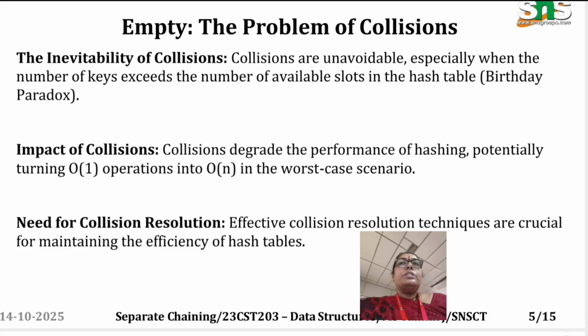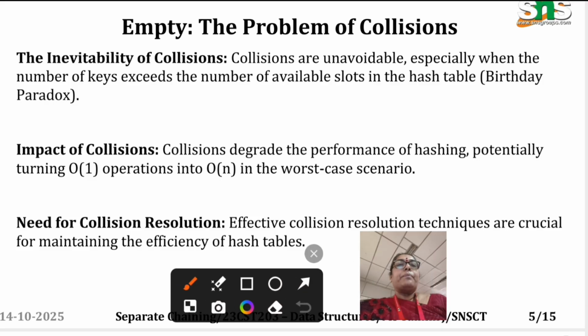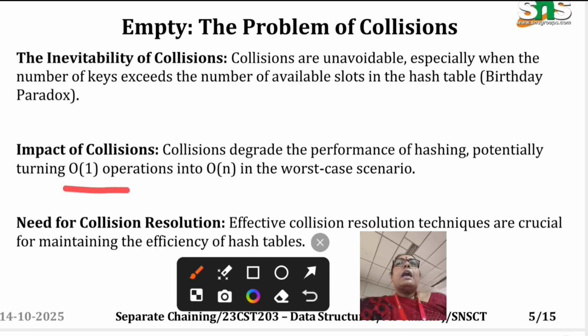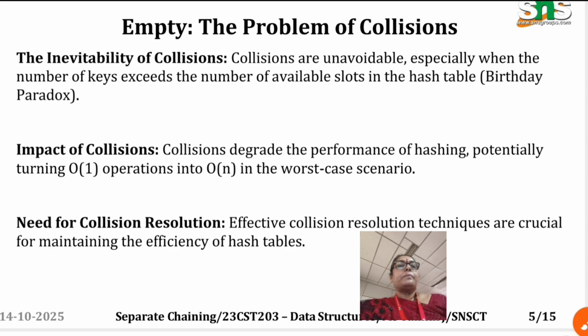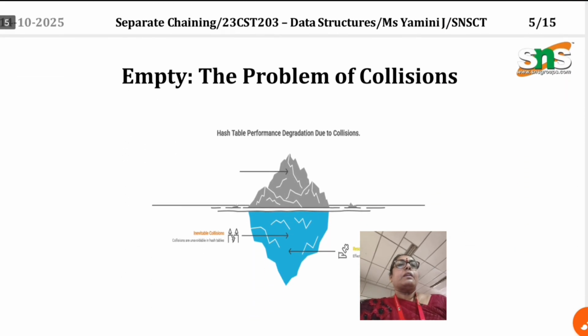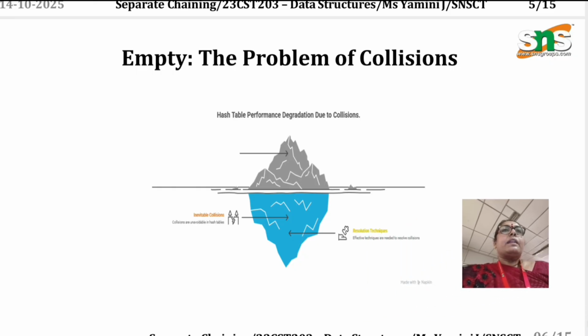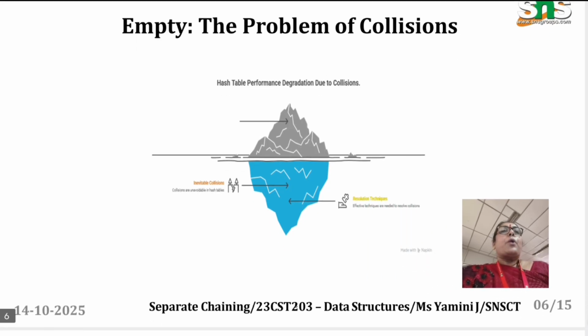These collisions slow down operations, which ideally take constant time, that is big O of 1, and operations degrade to big O of n in the worst case. That is why it is important to use an effective collision resolution method. This is a diagrammatic representation of the problem of collision.